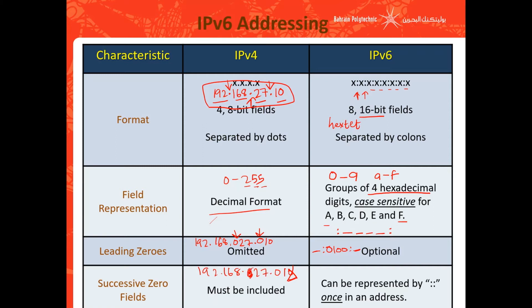So if it was 10, you can't remove the 0, because then the whole IPv4 address will change. Now, successive zeros can be represented with a double colon, and this is something we will look at once we take a look at the rules, but just keep that in mind for now.